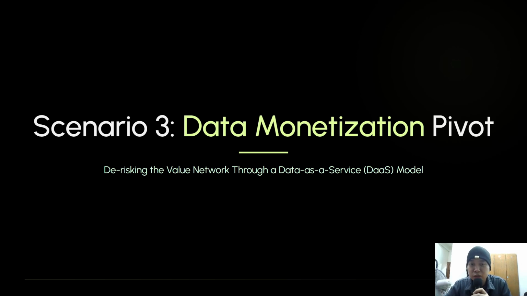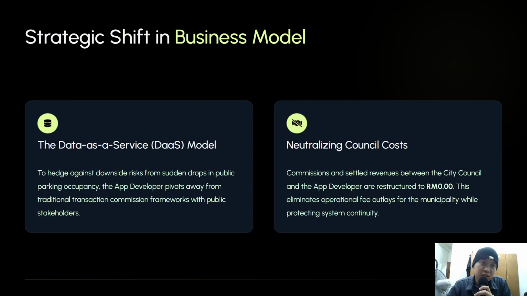For scenario 3, we have the data monetization pivot. It is about de-risking the value network through a data as a service model. This is the strategic shift in business model: the data as a service model hedges against downside risk from sudden drops in public parking occupancy.